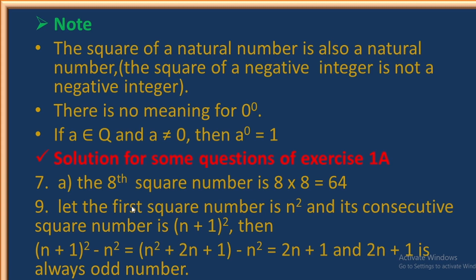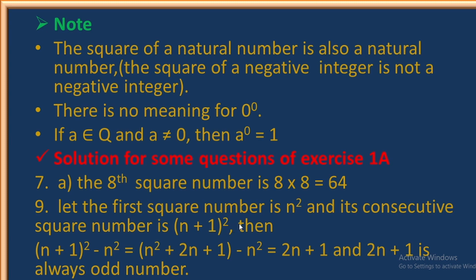And question number 9, we are going to prove that the difference of two consecutive square numbers is always an odd number, says the question. To show that, let the first number be n, and its consecutive number is n plus 1. For example, consider the numbers 2 and 3.